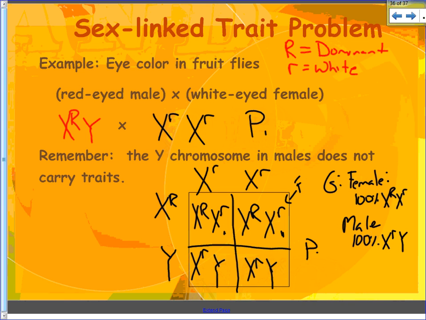Phenotype, again, for females, they will be 100% red-eyed. And for males, they will be 100% white. And that's what you would have noticed in your fly labs when you cross them, that the traits do switch.